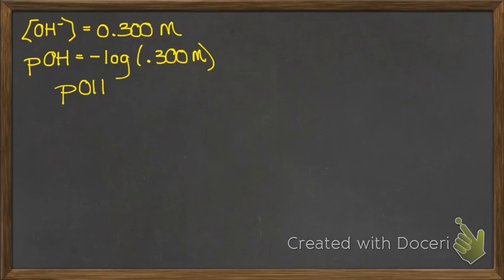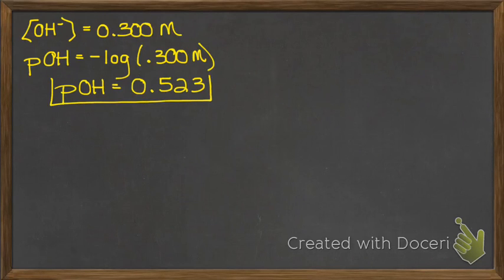It's a really small number. And let's go 3 significant figures. 0.523. And pHs and pOHs have no units. You lucky ducks, you don't have to worry about it. So there's my pOH.